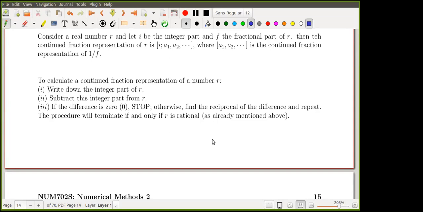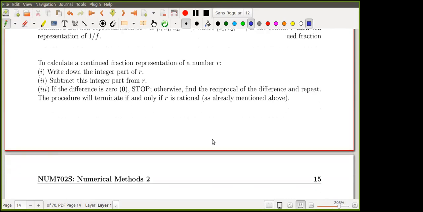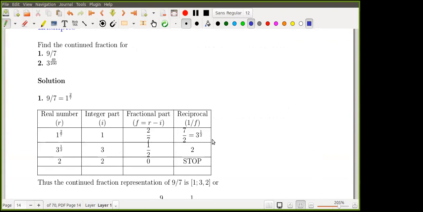So if you identify the integer part and the fractional part, we draw a table where we will represent the real number in the first column. So R will be here in the first column, and then in the second column will be the integer part, and the third column will be the fractional part.